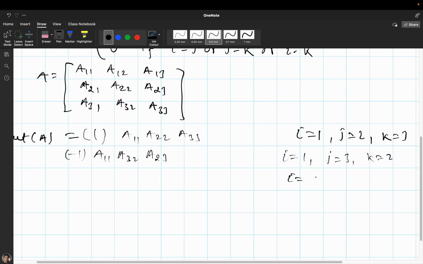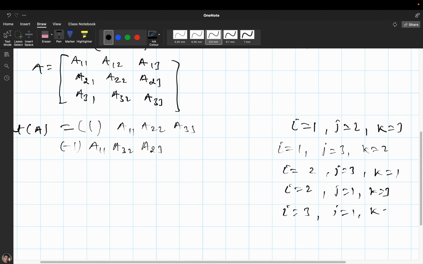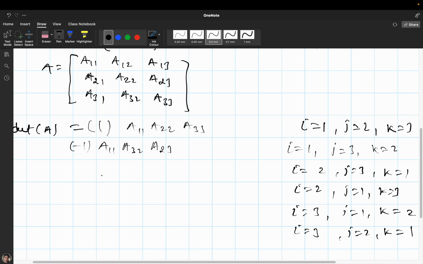Similarly, if i equal to 2, j equal to 3, k equal to 1, similarly I will expand for i equal to 2, j equal to 1, k equal to 3. Similarly, i equal to 3, j equal to 1, k equal to 2. Similarly, i equal to 3, j equal to 2, and k equal to 1. So then what will be the expression?